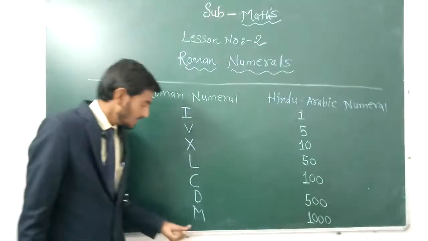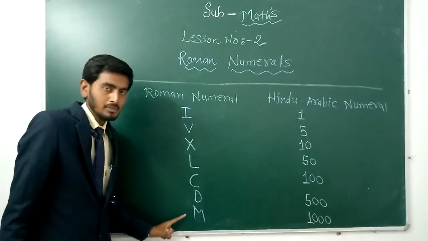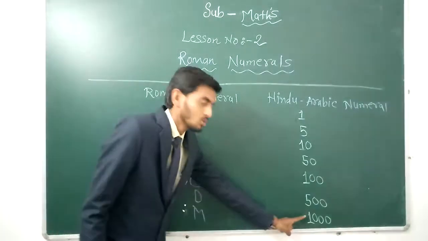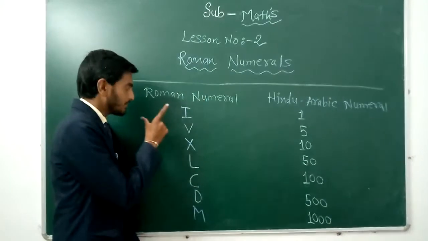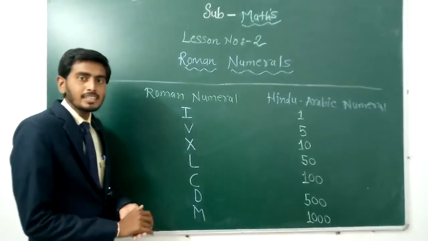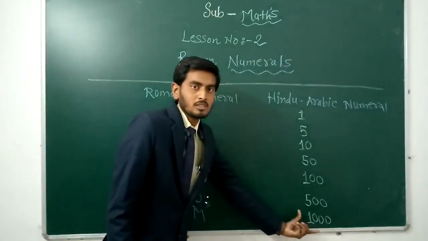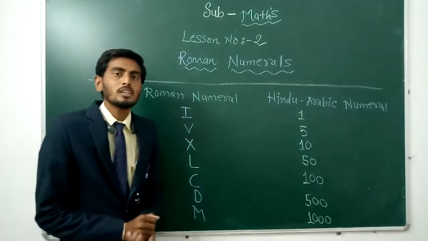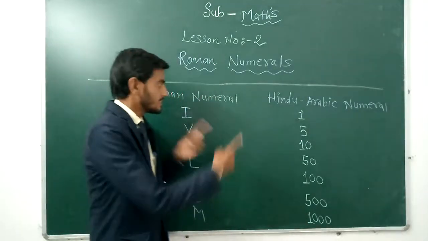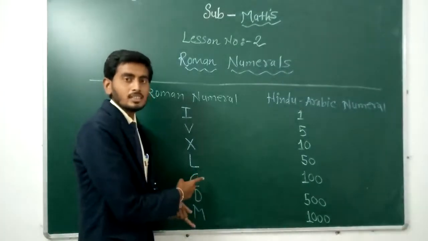And the last one, letter number 7, capital M, represents 1000. These 7 capital letters from the English language represent these Hindu-Arabic numbers. From all these letters we form Roman numbers. So students, write this chart in your notebook and remember it.